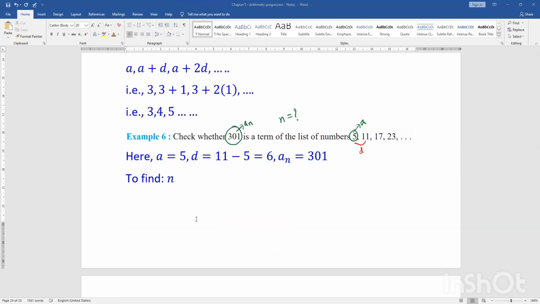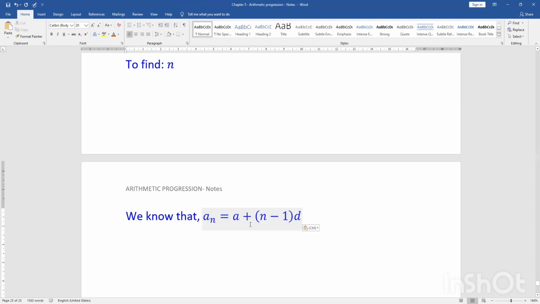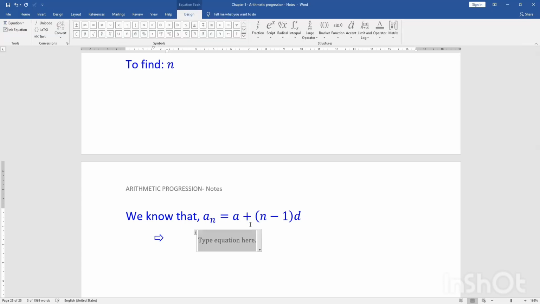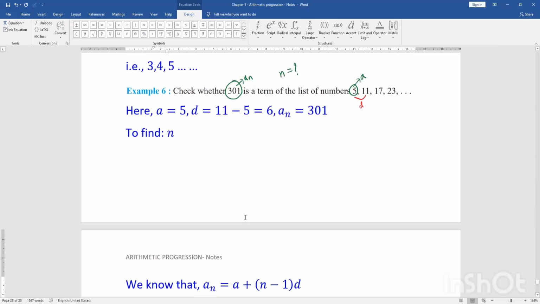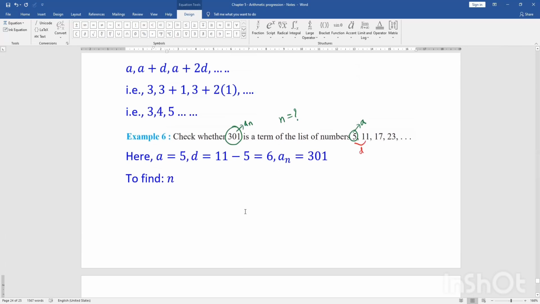Now we know that, let us write in the next page, A_n is equal to A plus (n minus 1) D. That's one. So now here comes a trick. I'm going to substitute A_n as 301, equals the A value, which is 5, plus (n minus 1) into D. The D value is 6.